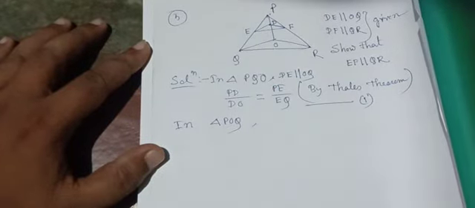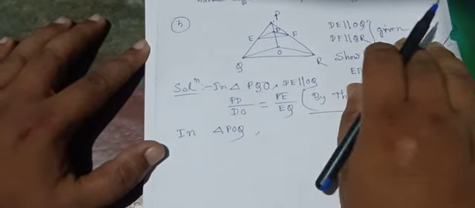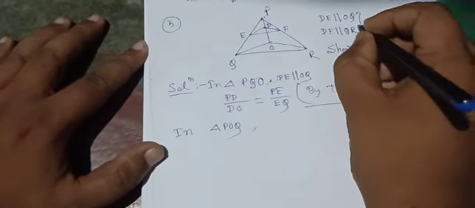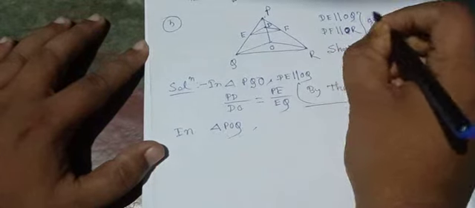Sorry students, here it is given DF is parallel to OR, not QR. DF is parallel to OR.